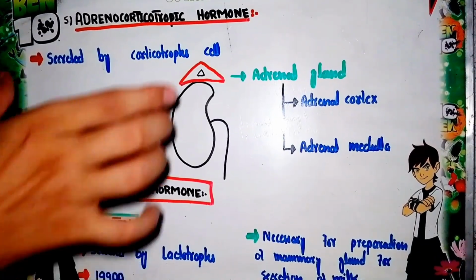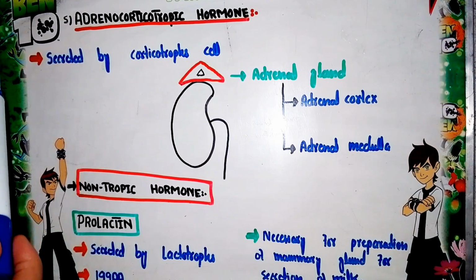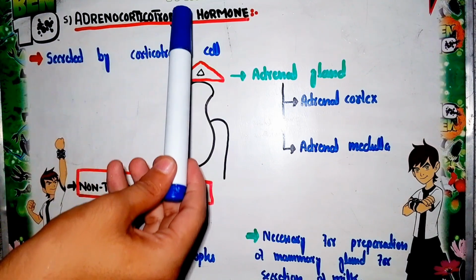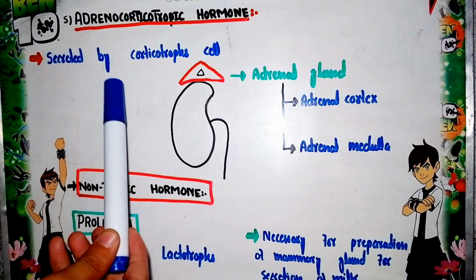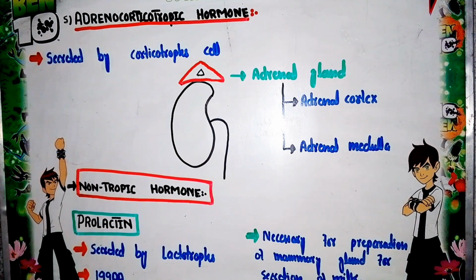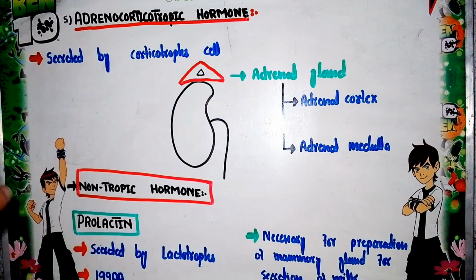The last trophic hormone is called adrenocorticotropic hormone. This hormone is basically secreted by the corticotrophic cells of the anterior pituitary. Now when this hormone is secreted from the anterior pituitary, it will act on the gland located on the top of the kidney, called the adrenal gland. This adrenal gland is composed of two regions.